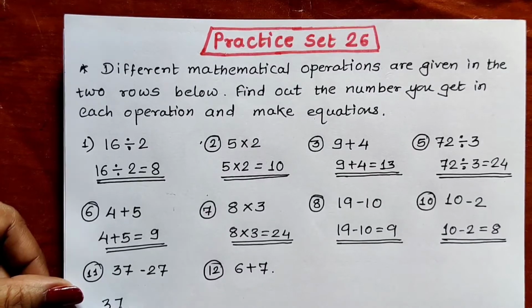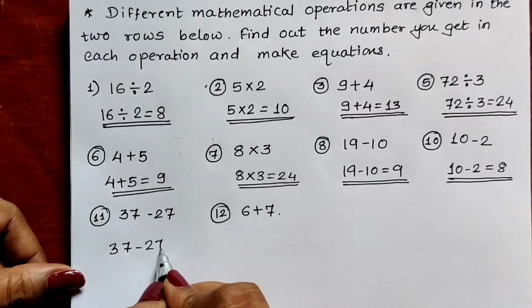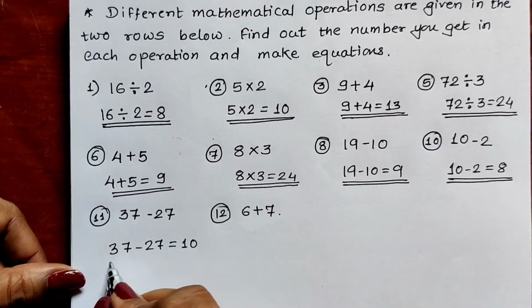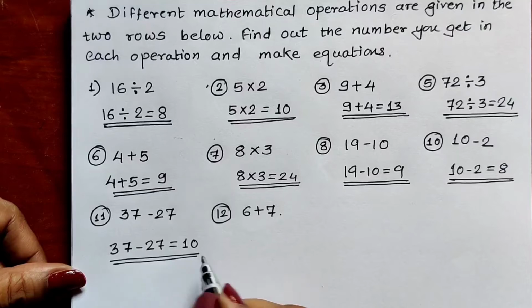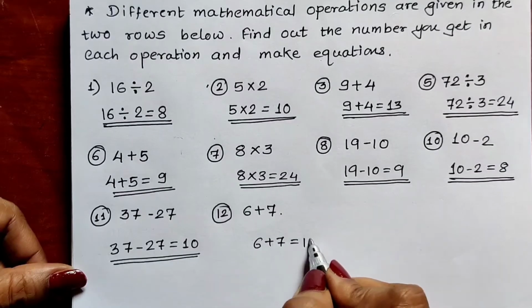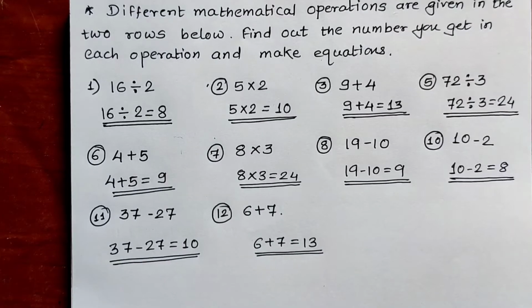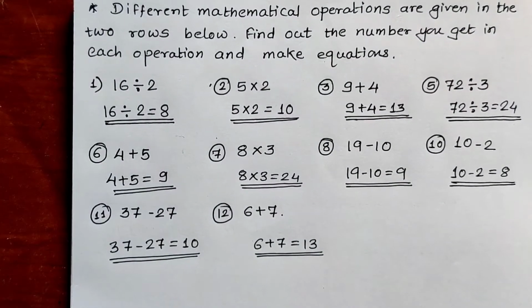Then 37 minus 27 is equal to 10. And the last one, 6 plus 7 is equal to 13. So in this way, first we have got all the answers. We have written all the answers.